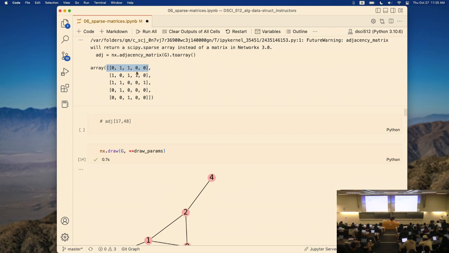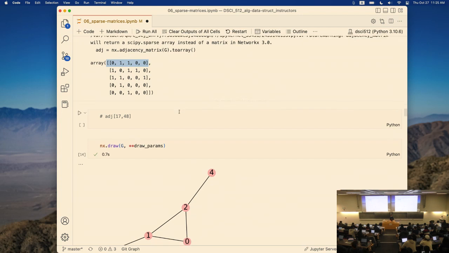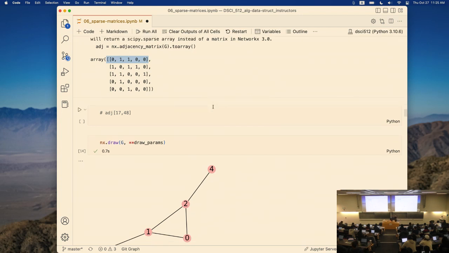If you have a 1 here on the diagonal, what does that mean? Yes, it means that we have a self loop, so the node linking to itself. Any questions about this particular representation? Just to make sure that we're on the same page.